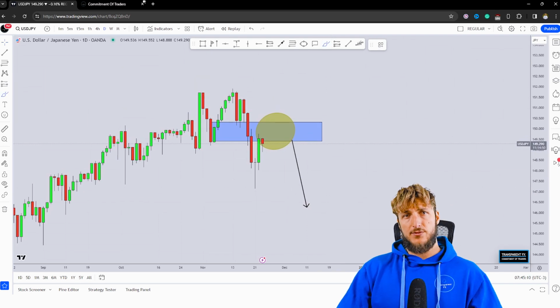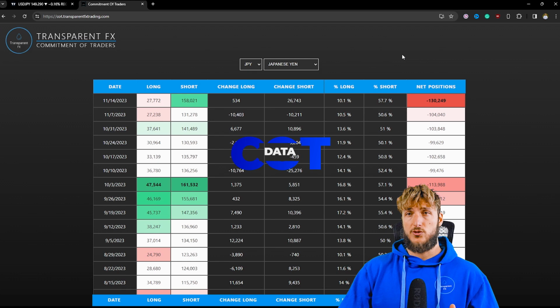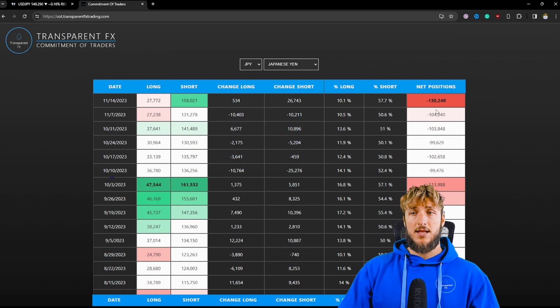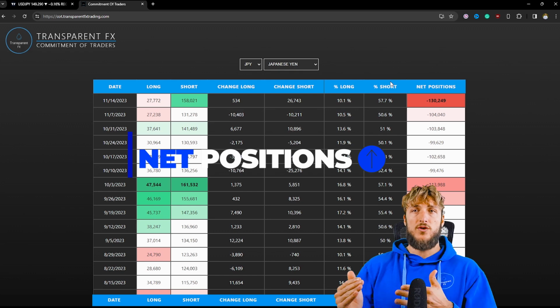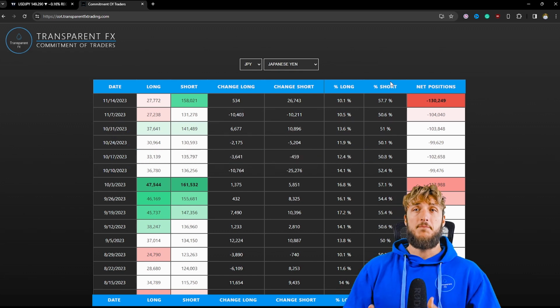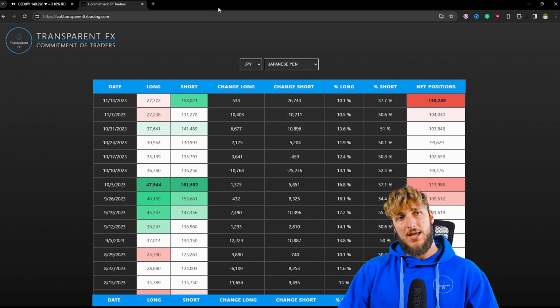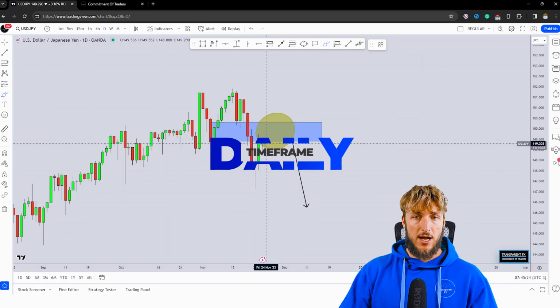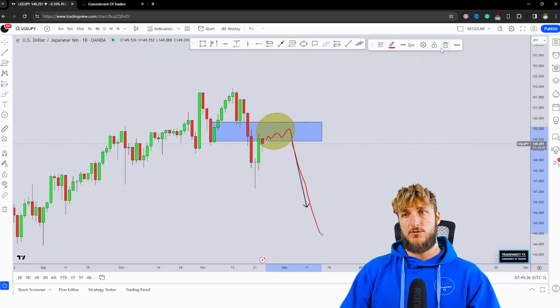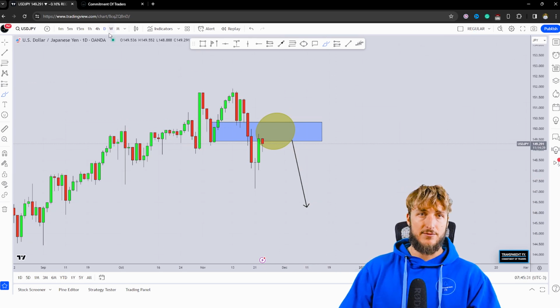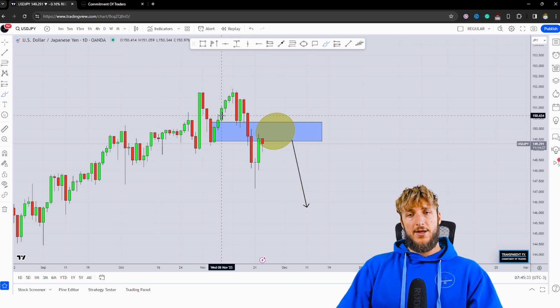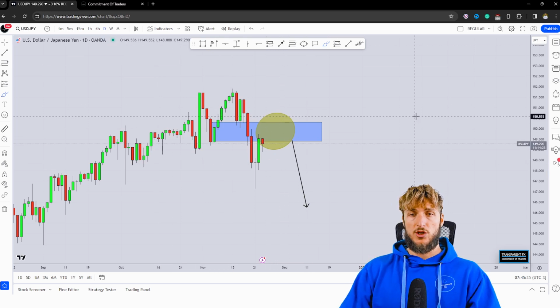So if with the new report, which is coming out tomorrow, we will start to see net positions once again getting increased, meaning that institutions are now moving again back to the bearish side for the USDJPY, that essentially means that we have a good probability of a rejection to the downside away from this level, filling in that weekly candle that we have previously identified on the weekly time frame. Therefore, how we could be approaching this potential move lower.